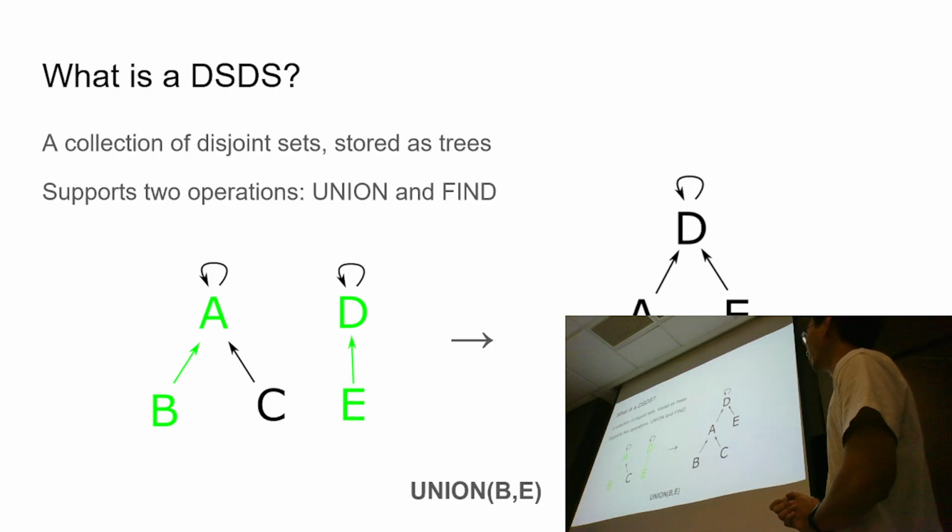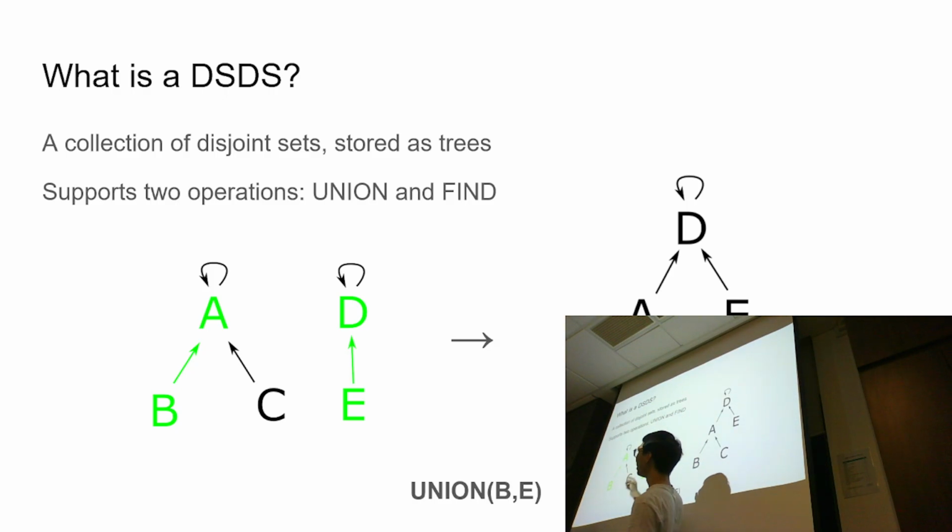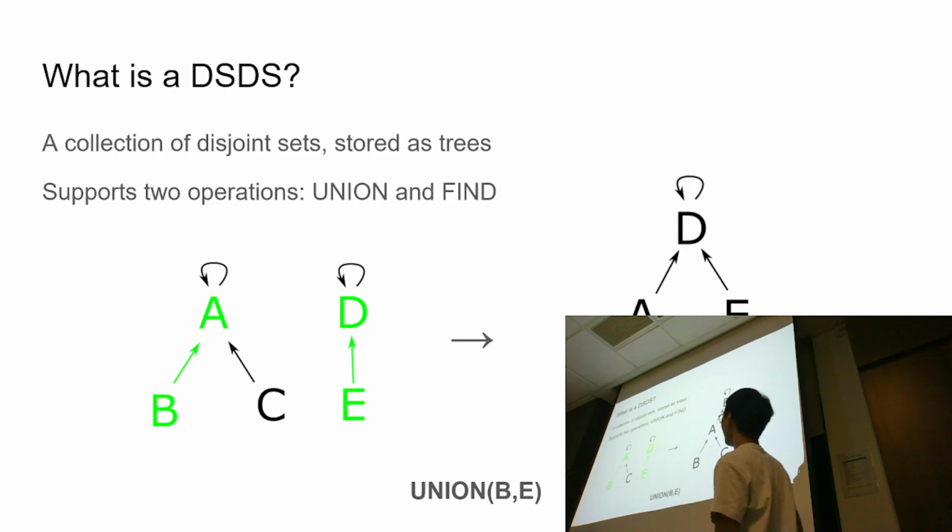Okay, so this is a non-trivial union because I'm unioning these 2 elements here, but before I union, I need to actually find the corresponding roots, and then I have to attach one of the roots to the other root as a child.